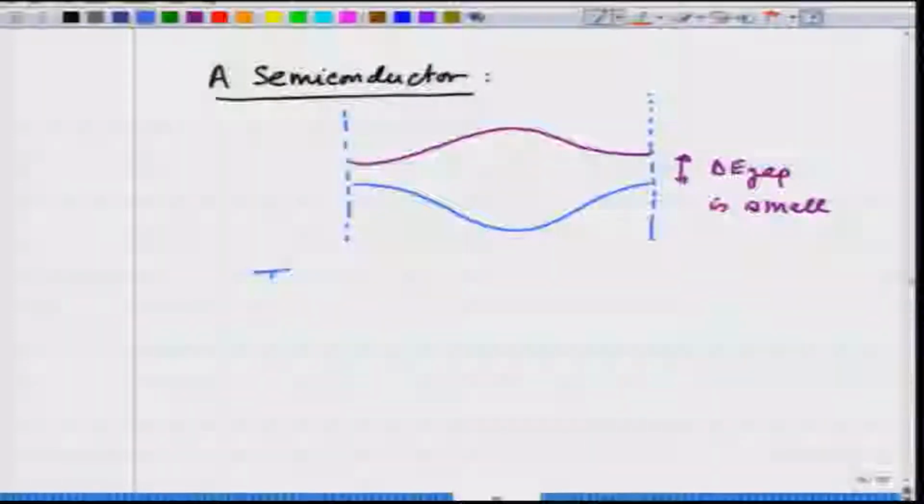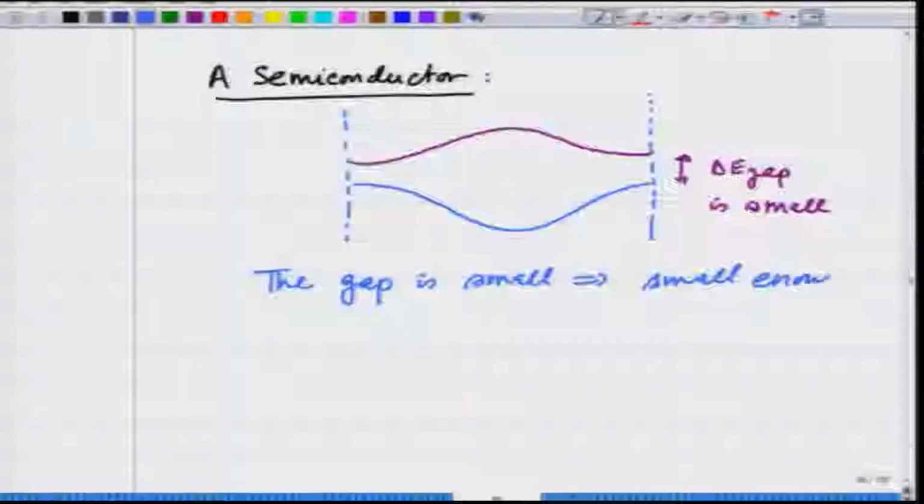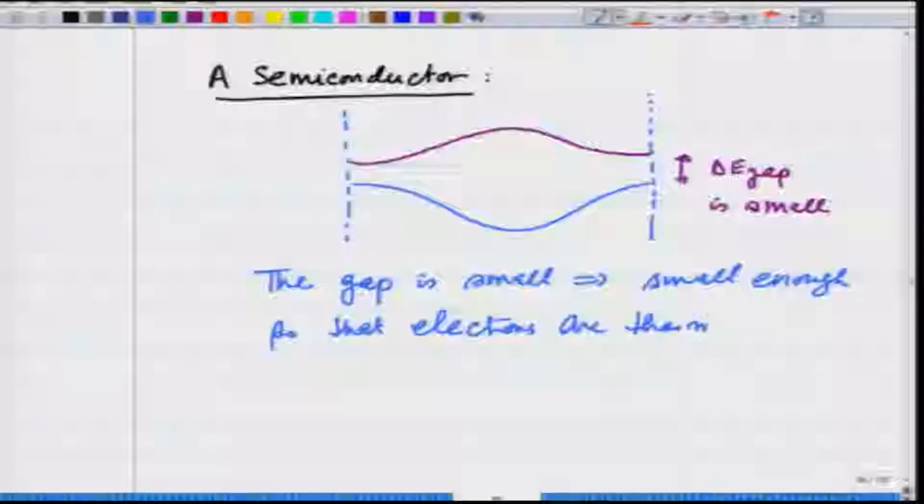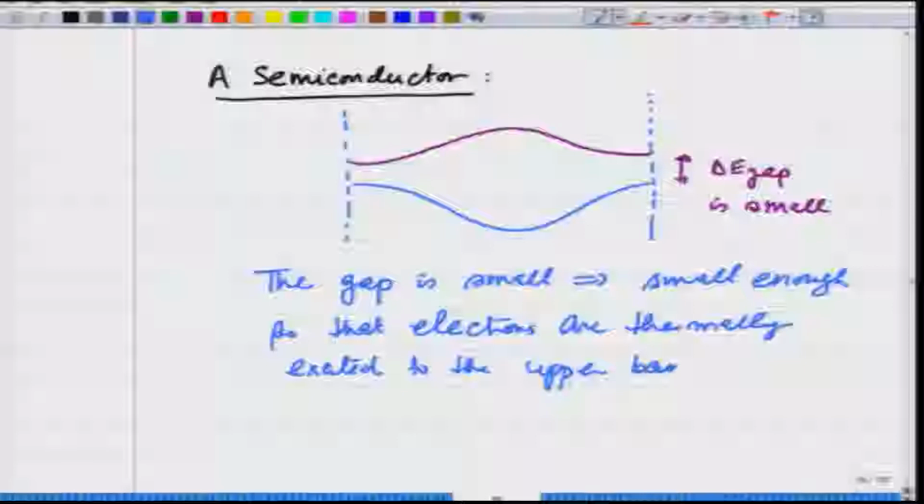The gap is small means small enough so that electrons are thermally excited to the upper band. So, if I were to make a picture, it is like this.